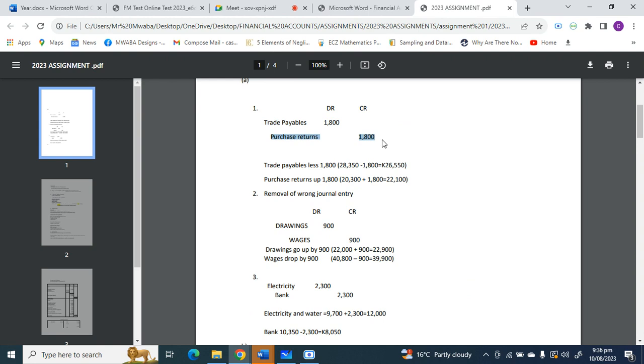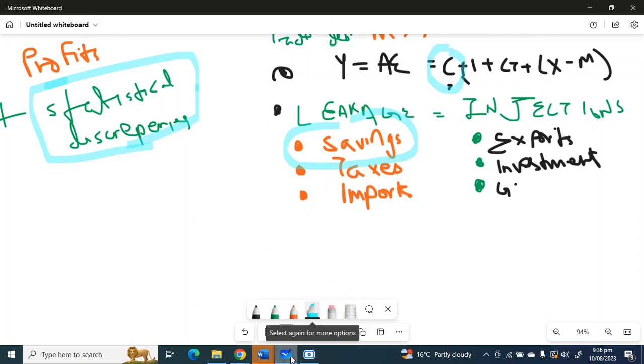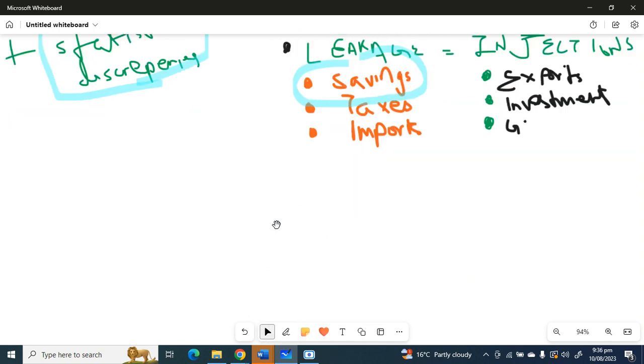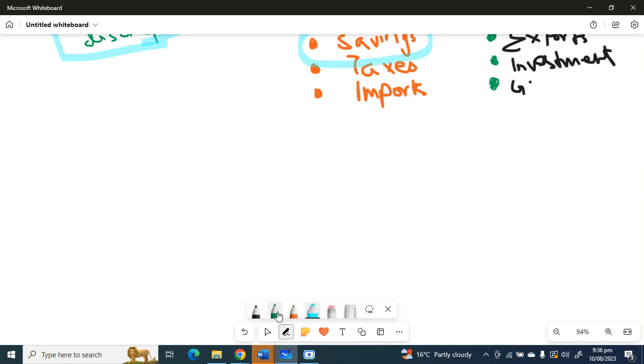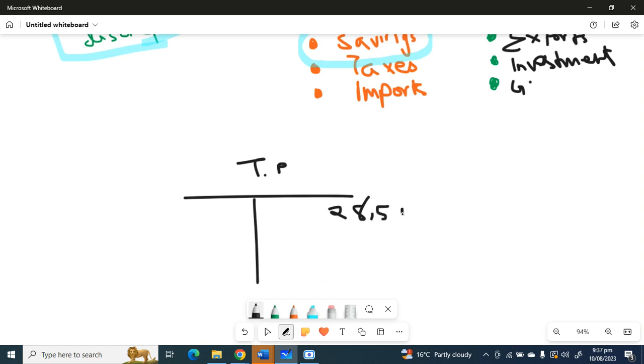By doing this, our trade payables account has to reduce. Let me show this with T accounts. The trade payables is a liability account. Their balance was 28,350, which is how much we are owing people.